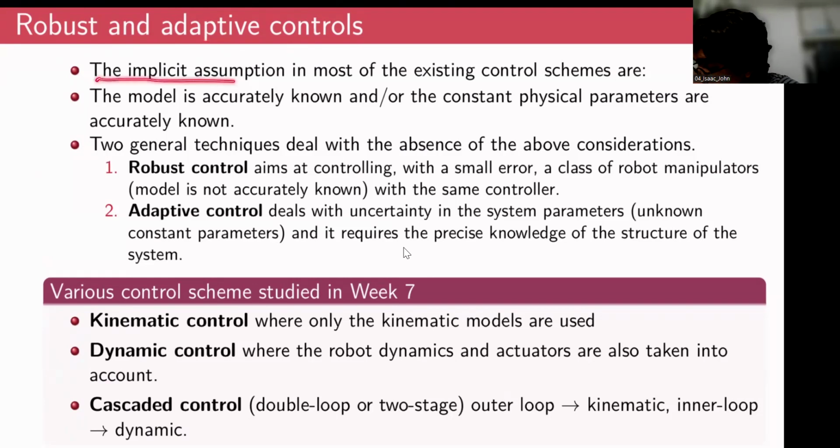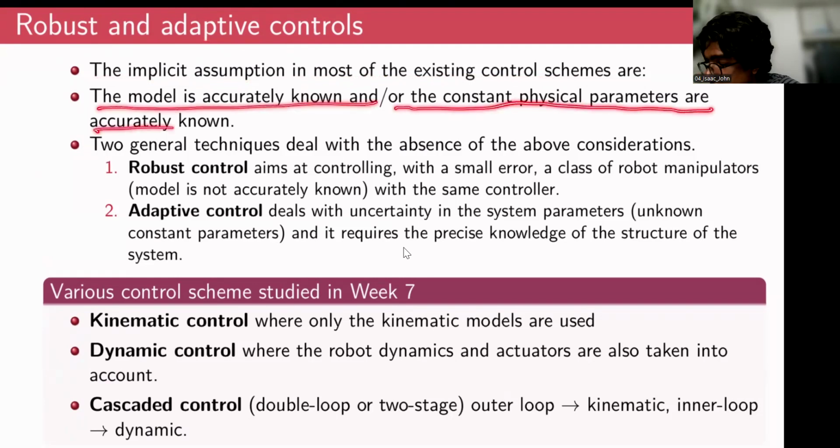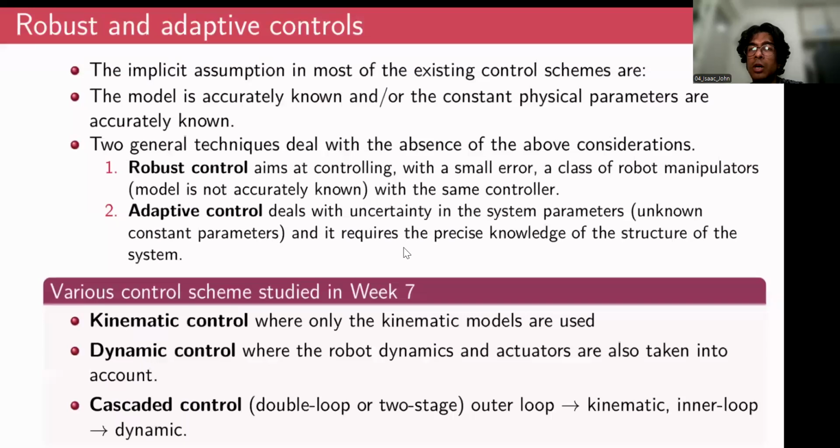So the implicit assumption in most of the existing control schemes is that the model is accurately known, or the constant physical parameters are accurately known. So in designing a motion controller, we would actually assume that whatever we modeled using the governing equations of motion is a very close approximation, or a very accurate approximation, of the real physical robot.